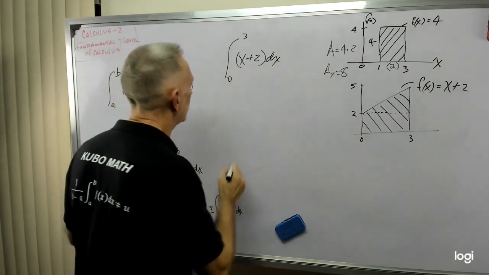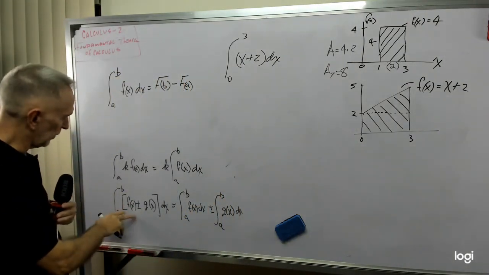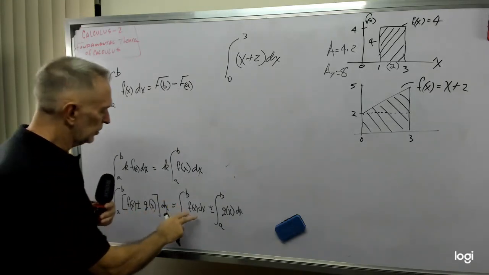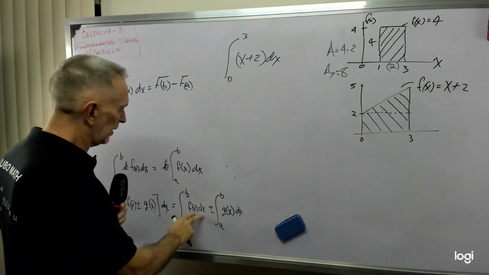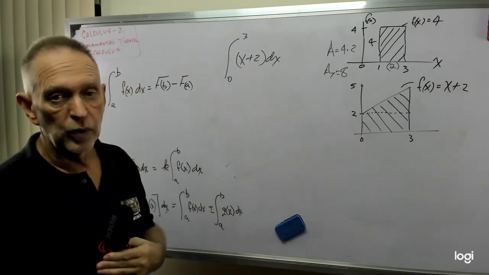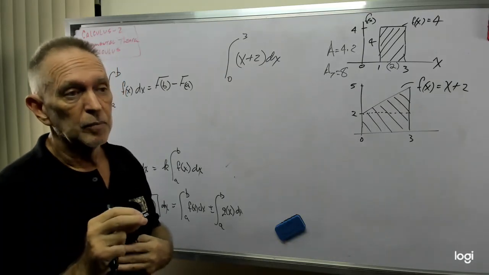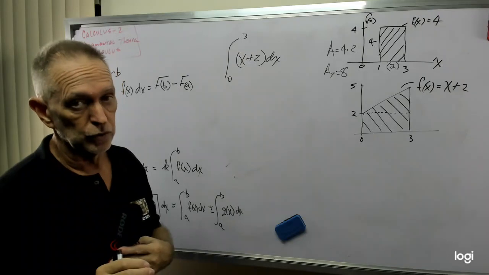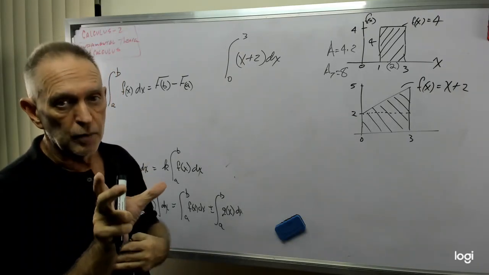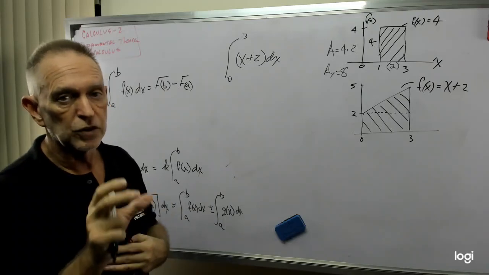Okay, so we have the sum difference rule: when you're performing the integral of f of x plus g of x, it's the same as the integral of f of x plus the integral of g of x. Same as what we did in the differentiation classes. Recall the derivative of the sum of two functions was the same as the sum of each derivative.